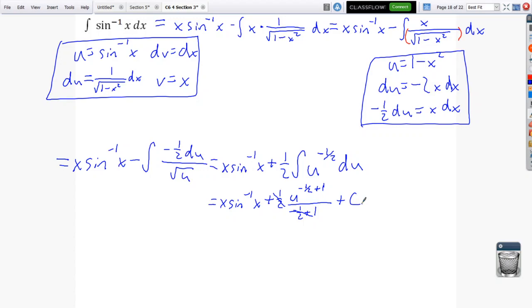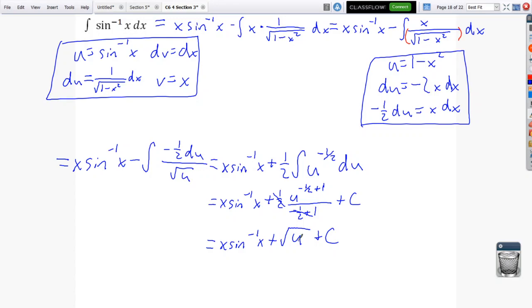What I'm left with here is just going to be x arcsine of x plus, I guess now I have 1/2 up here. This would be the square root of u plus c. Remember, c is an arbitrary constant. Other than c, what irks me about this problem is I have x's and u's.